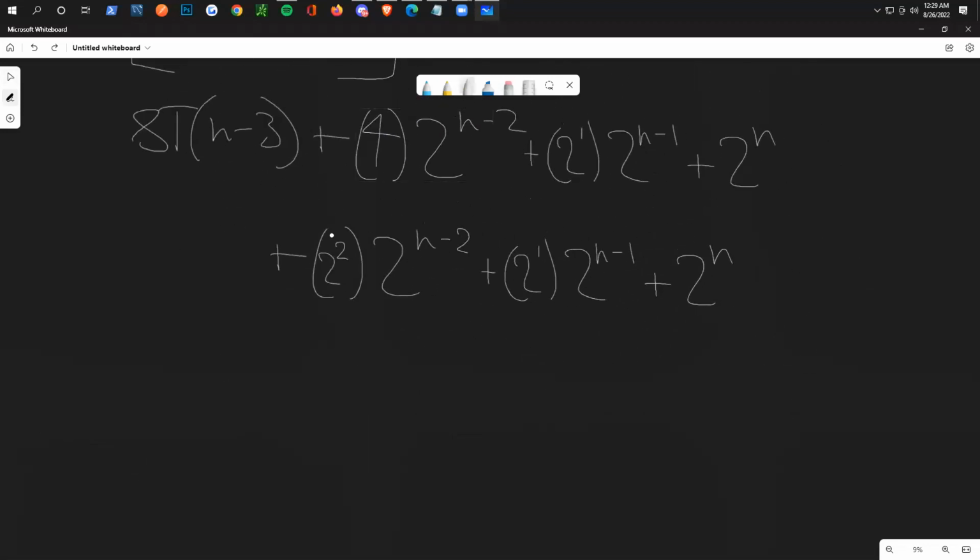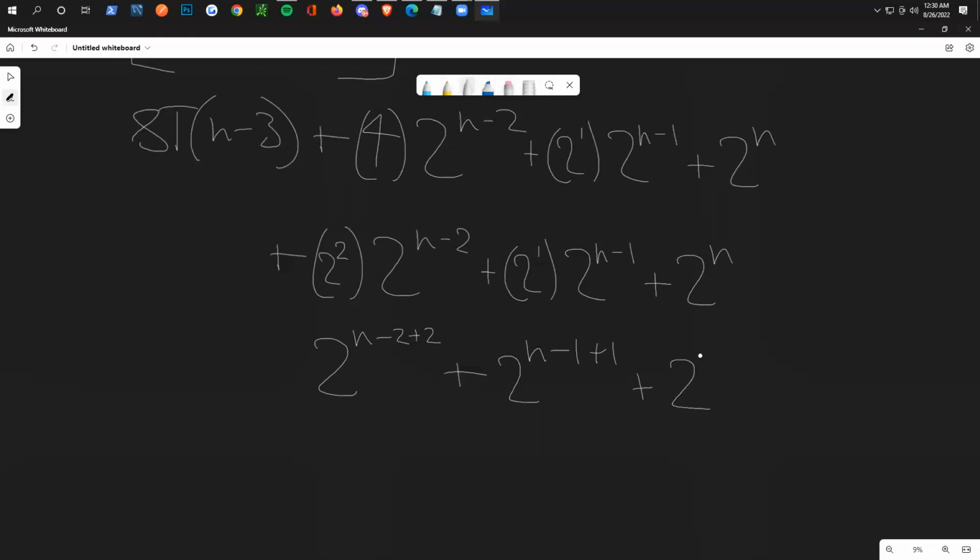So let's just end up distributing this over. That means we're going to have 2 to the power of n minus 2 plus 2. Actually, let's just keep going. 2 to the power of n minus 1 plus 1. Then we're going to have plus 2 to the n. And by the way, you can think of this kind of like, let's think of it like this.